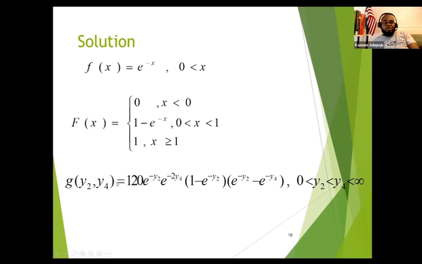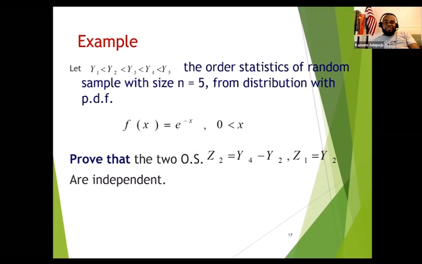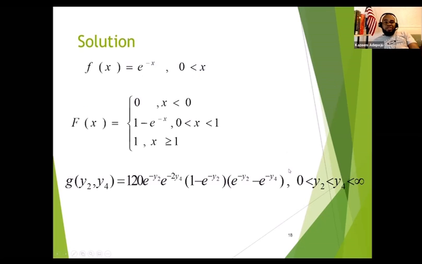The moment you have this, you can now use the Jacobian. Don't forget what you are seeking to get. You want to answer the question on whether Z1 and Z2 are independent. From here, you also need to derive the probability of Z1 and Z2.